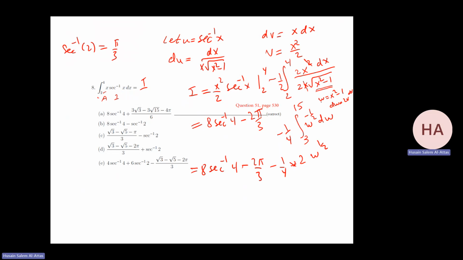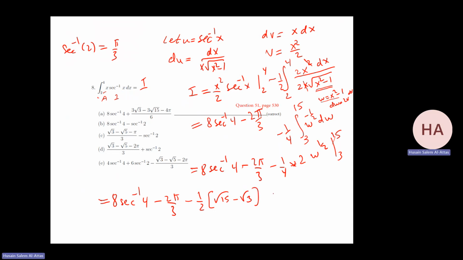Just do this substitution. So this is from 3 to 15. So 8 secant inverse of 4 minus 2 pi over 3, minus half times square root of 15 minus square root of 3.